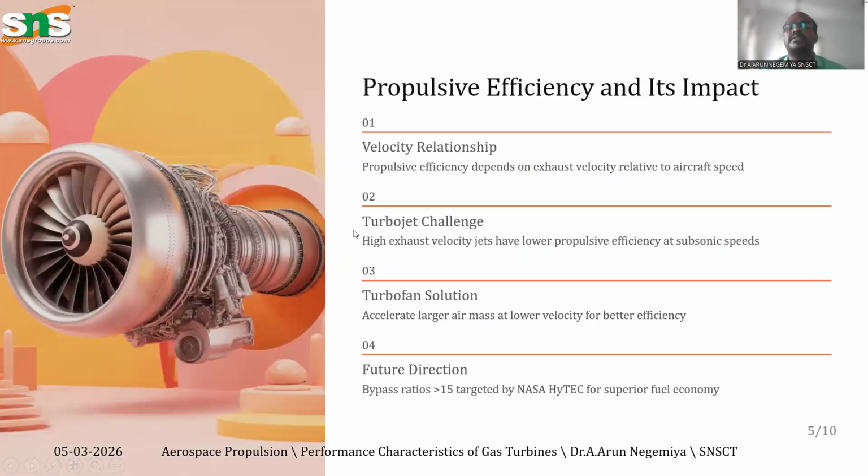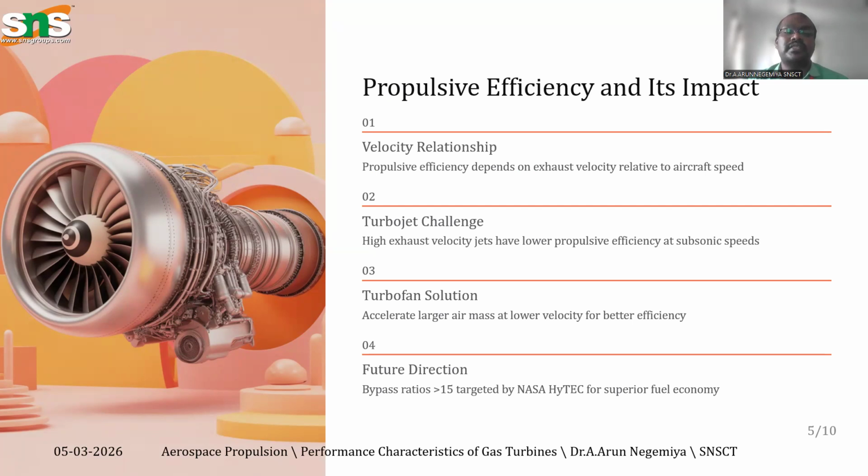Next is the propulsive efficiency and its importance. Four categories are considered for propulsive efficiency. First one is the velocity relationship, which relates the exhaust velocity and the air flight speed.